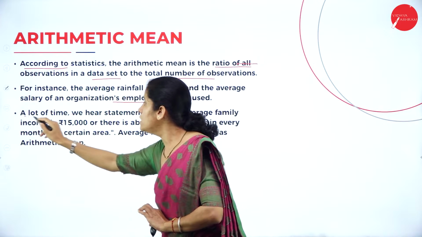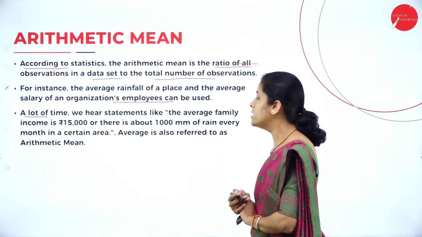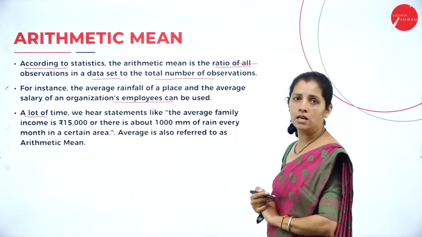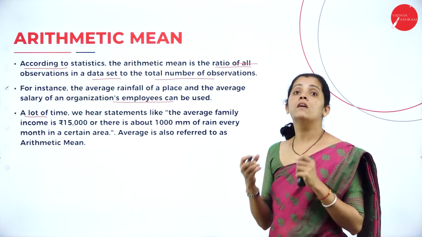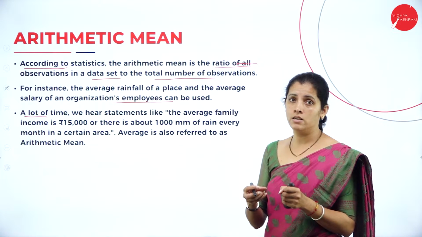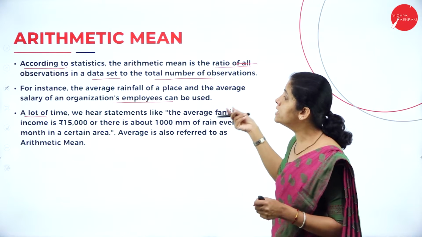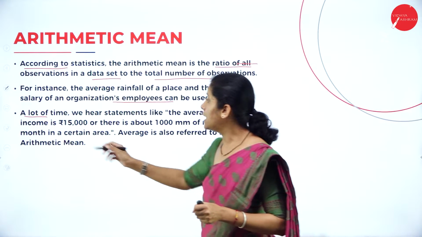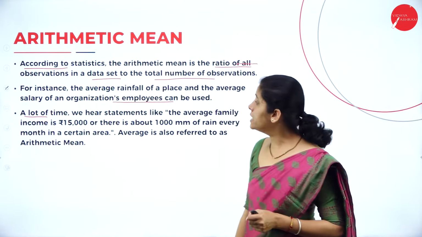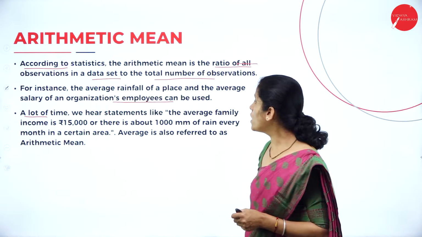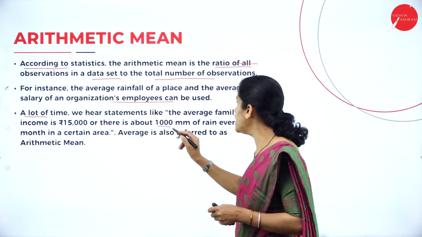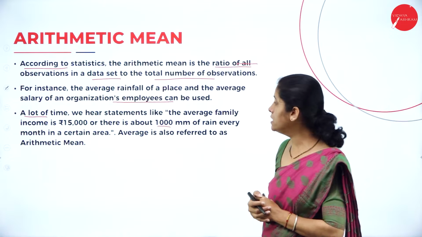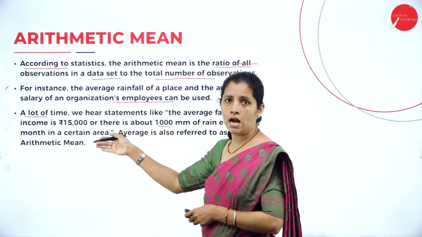A lot of times we hear statements like the average family income or the average salary, that is rupees 15,000, or about 100 mm of rain every month in a certain area.